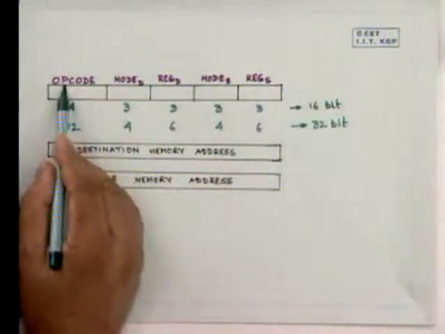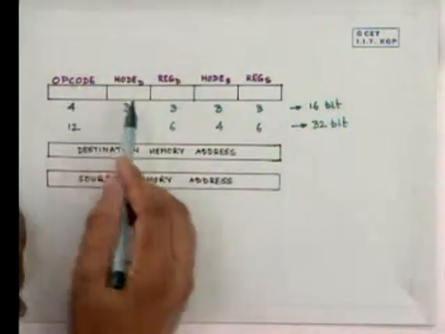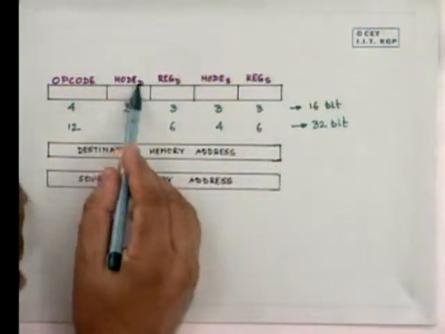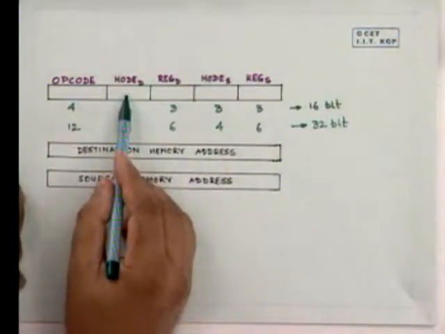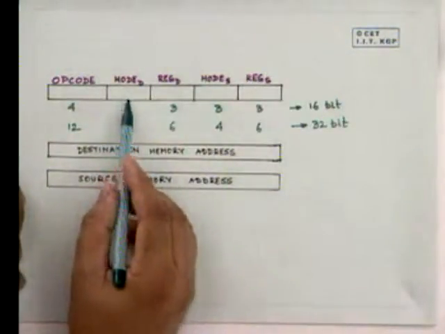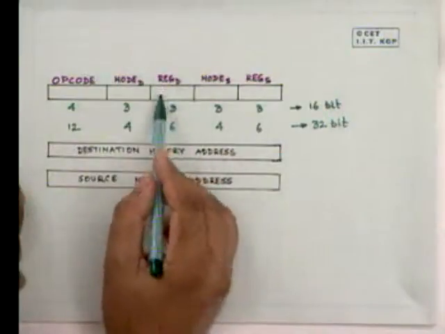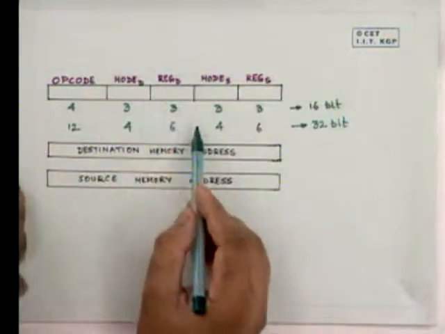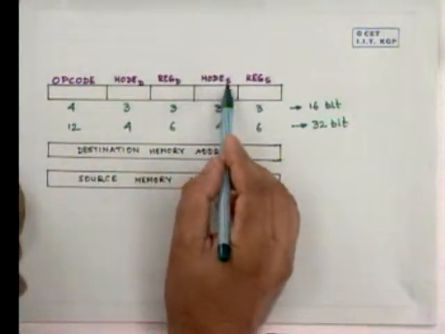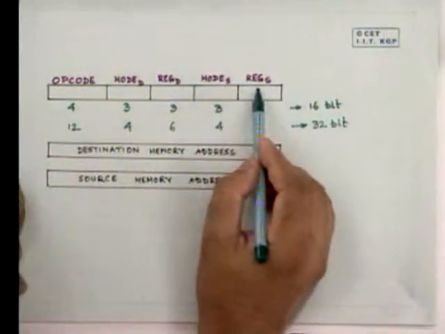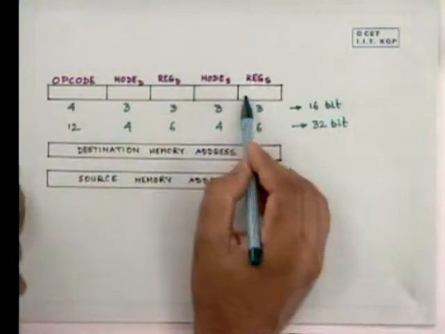For example, you keep the opcode. You keep the mode of the destination here; 3 bits can talk about 8 modes. You talk about the register that is associated with the destination. You talk about the mode that is associated with the source here, and you talk about the register that is associated with the source here.